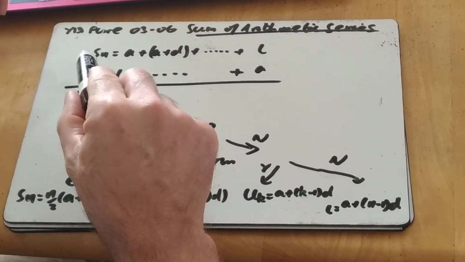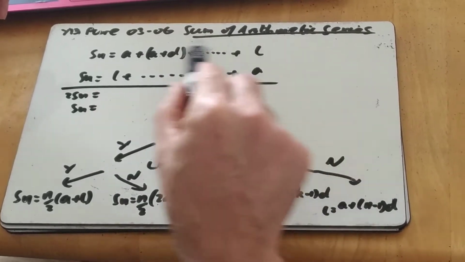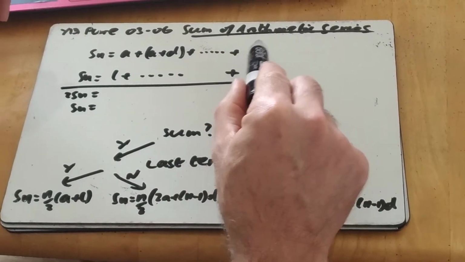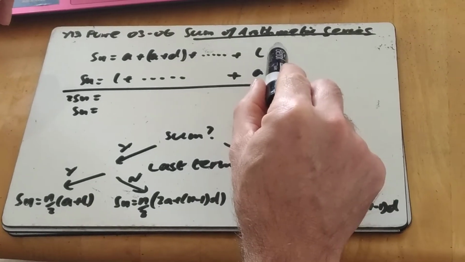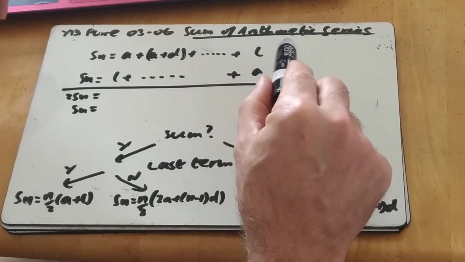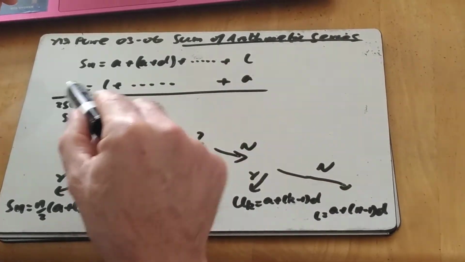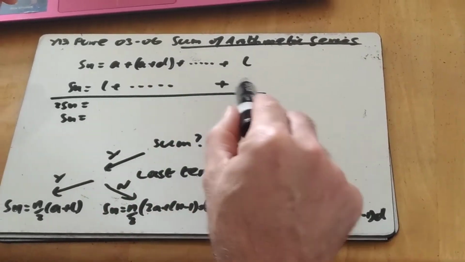So S of n is the sum of all your terms, so it's a plus a plus d plus a plus 2d and so on, all the way up to your last term, a plus n minus 1 d. I've just written it as L here, and you'll see why. To get the formula, imagine rewriting this the other way around, starting with the last term and going to the first.